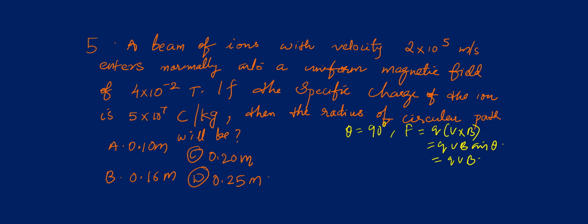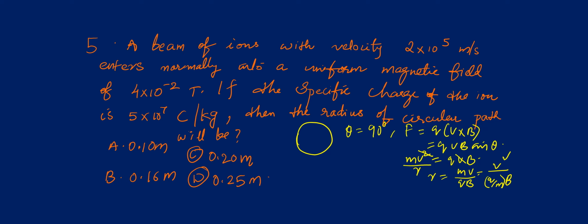And when it enters at 90 degrees, the path will be circular. So the force is centripetal force. In a circular path, the force experienced is centripetal, and the centripetal force equation is mv squared by r. From this we can cancel v, and r becomes mv divided by qB, or we can write it as v divided by (q by m) into B. Just to rearrange this equation like this. Why?